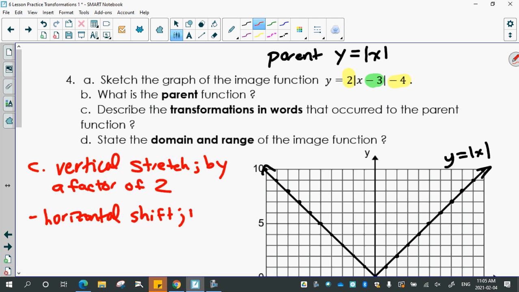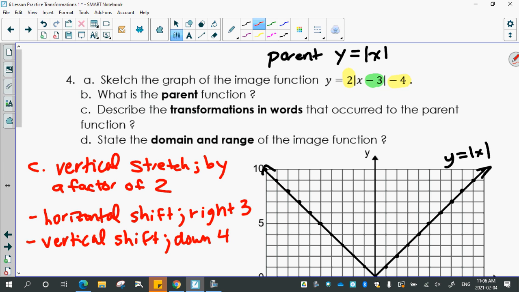Right. Right 3. And then the -4 on the outside of the brackets, it's got to start with the word vertical, because it's not in the absolute value bars. Vertical shift. Good. Down 4. Not by factor 4, just down 4. Use by a factor if you're talking about a stretch or a compression. Okay? Just use a number.